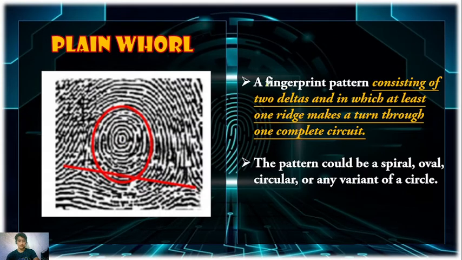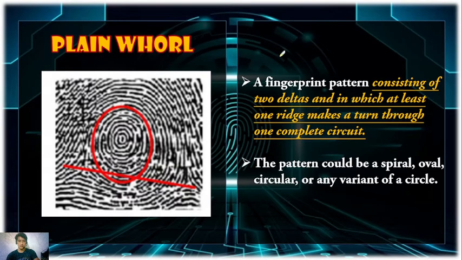Sabi dyan, it is a fingerprint pattern consisting of 2 deltas. So unlike kanina, isa lang na delta and isang core lang ang ating loop, but in whirl there are 2 deltas, especially in plain whirl. And at least one ridge makes a turn through one complete circuit.